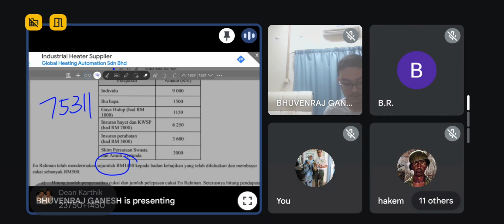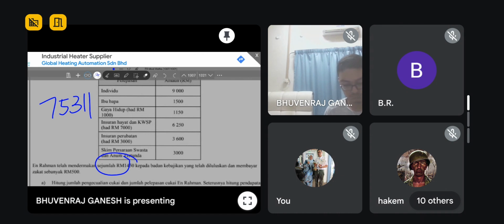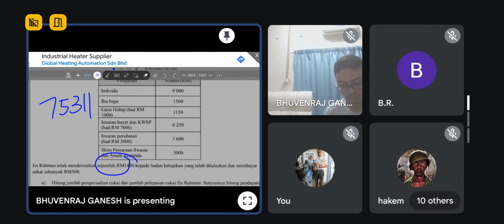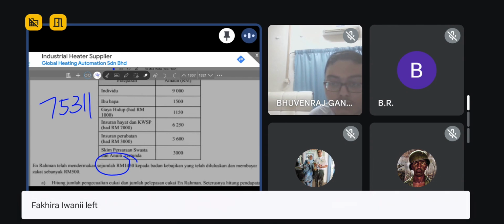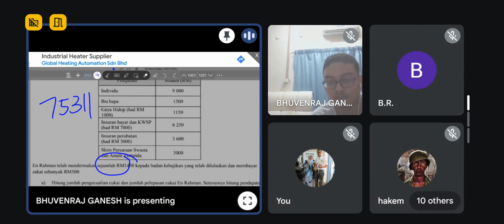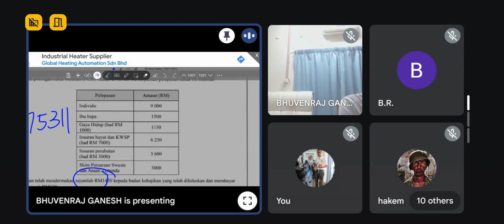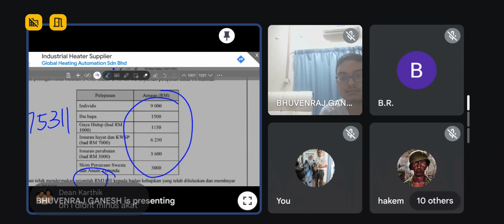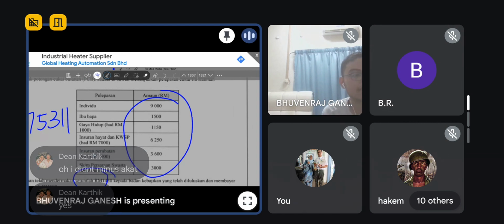Okay, wait. Let me check. 23750 plus. Slightly short. A bit of difference only. Karthik, 23750, is it what you get from all these values here? You plus everything? No need to minus zakat.